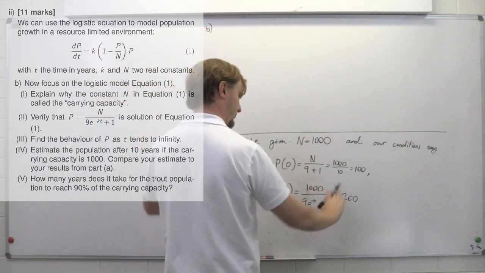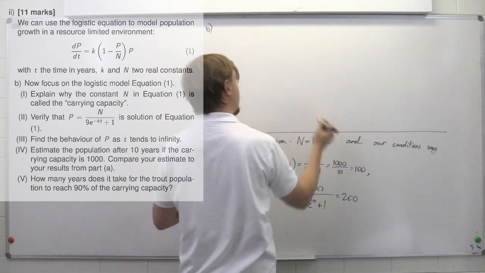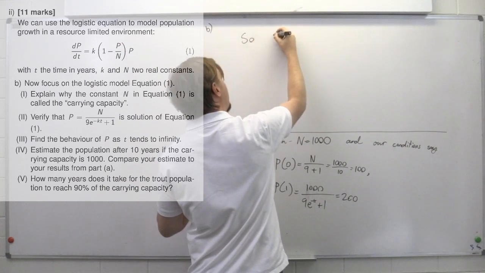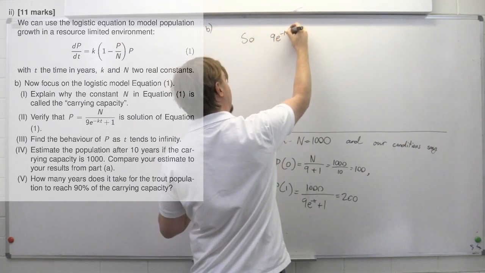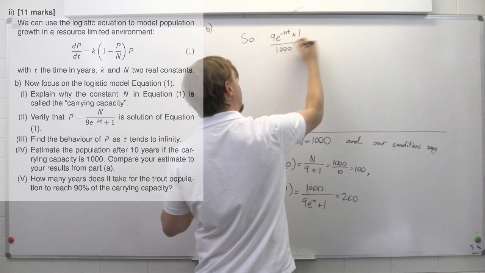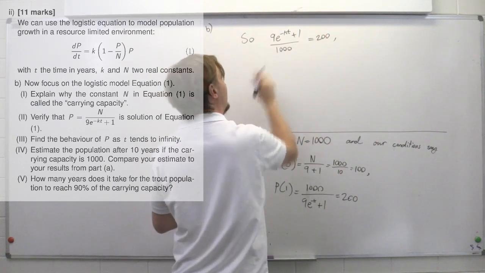So firstly, I might bring the other term on top, so I'm going to flip this over. We have 9e to the minus kt plus 1 over 1,000 is equal to 1 over 200. T is 1.